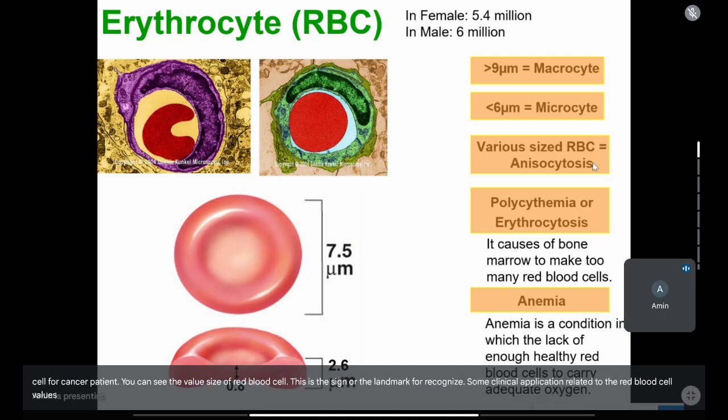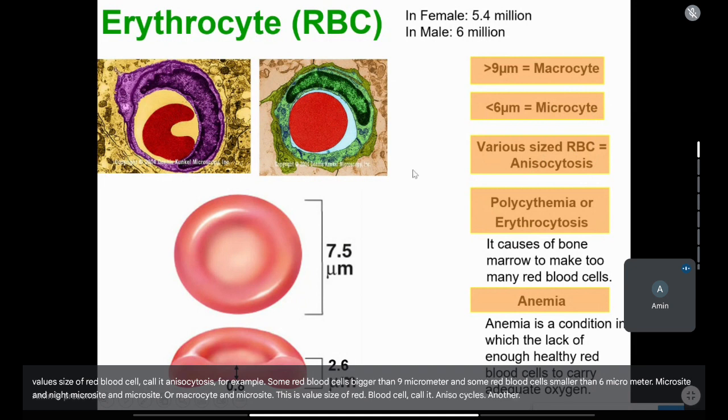For example, some red blood cells are bigger than 9 micrometer and some smaller than 6 micrometer, macrocyte and microcyte. These various sizes of red blood cells are called anisocytosis.